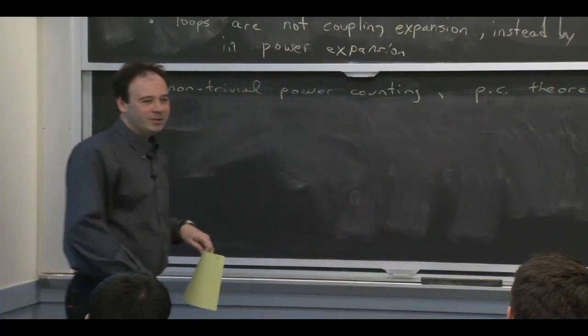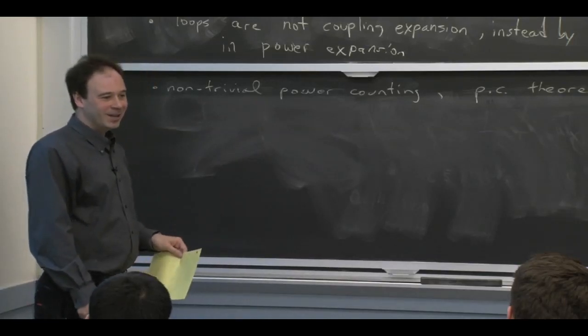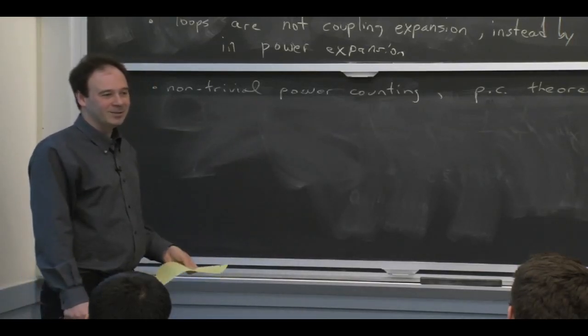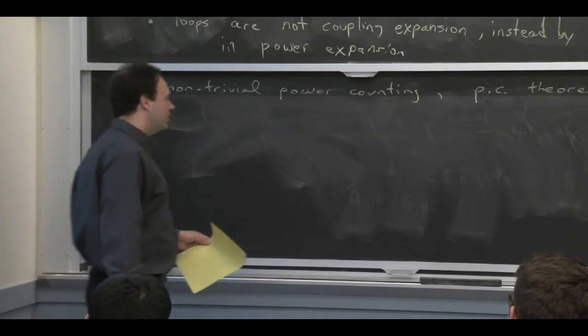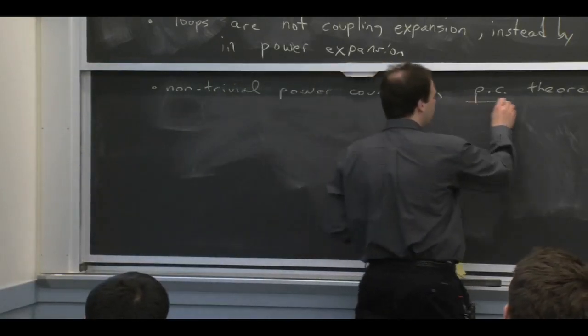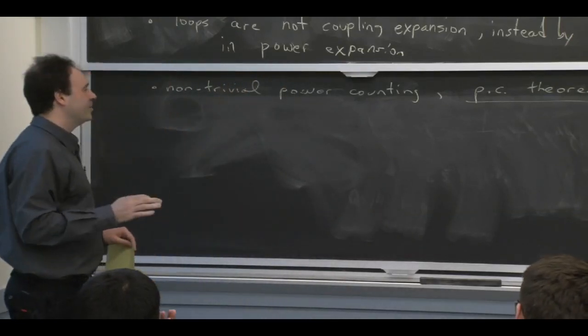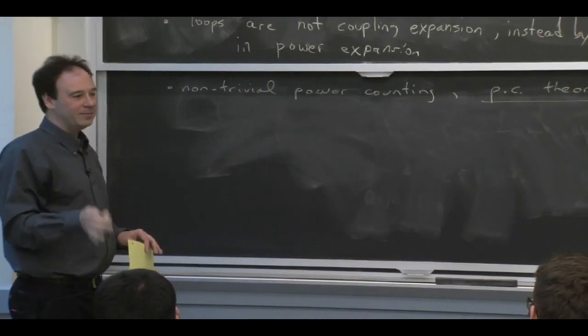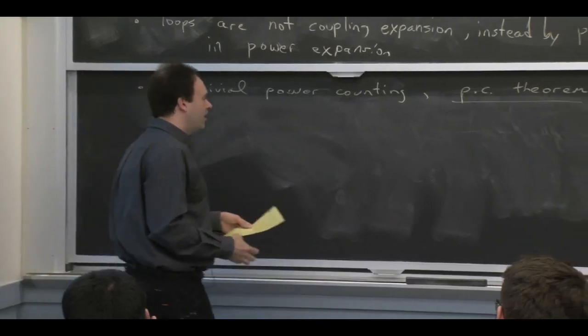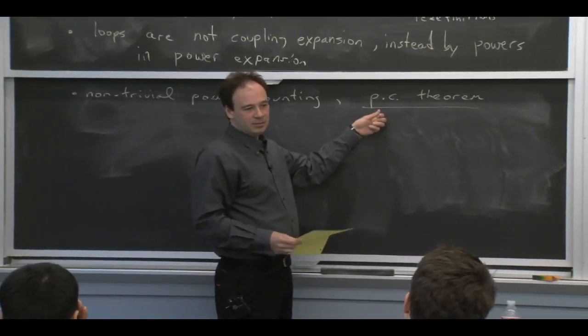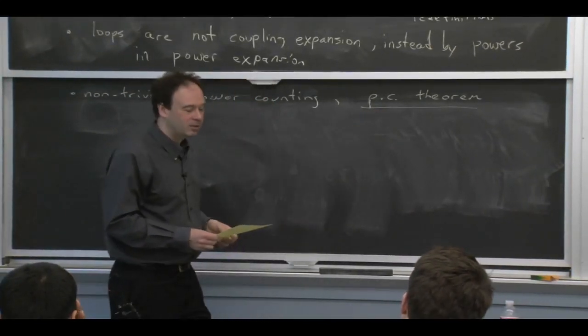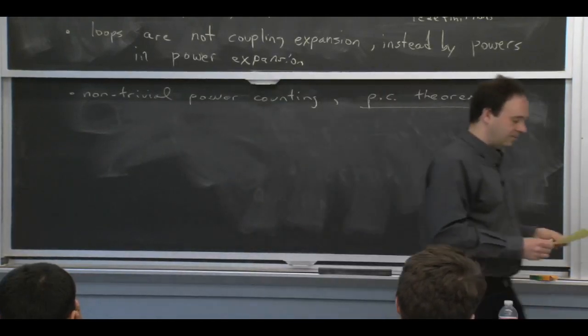If you didn't know that, you wouldn't know which diagrams to compute and which ones not to compute. You just have to compute them all, and that's, of course, way too much work. So in order to formulate the effective theory, especially since there's an infinite number of diagrams, remember, you really have to have power counting under control. And that means you need things like this in order to identify what's leading order. OK, so we'll talk about that.